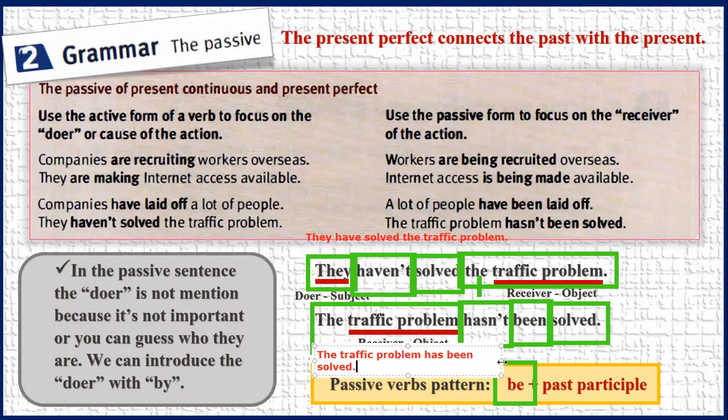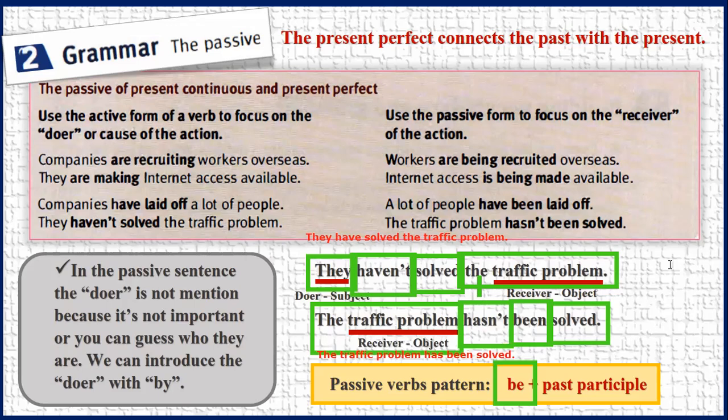There we go. Yes? In this case, we don't mention who solved the traffic problem. We don't know. We don't care. It's solved. That's the important thing. We are giving the news. I'm telling you what happened. Who did it? I don't know. Okay, everybody?